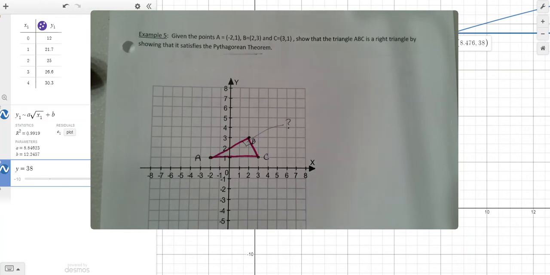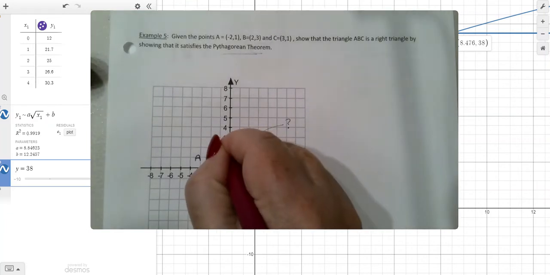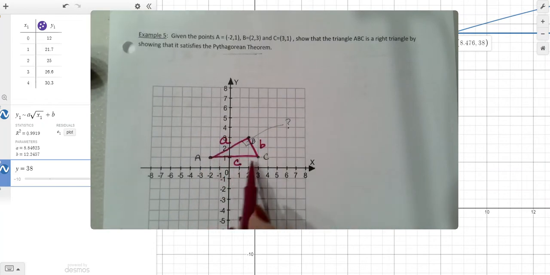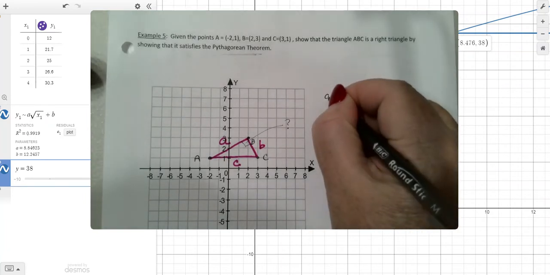So let's go ahead and I'm going to call my sides a, b, and c, anticipating that this would be the hypotenuse if it's going to work. And I need to calculate the lengths of those 3 sides. So I'm going to start with little a.